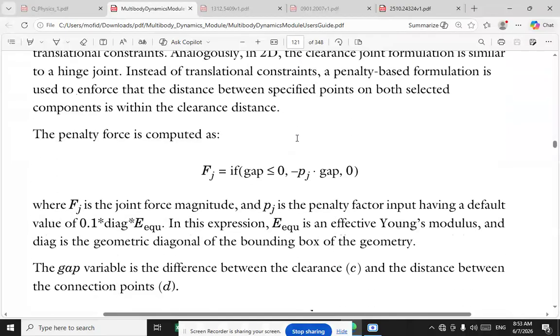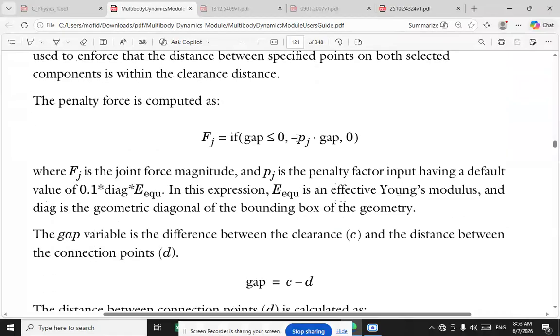The penalty force is computed as follows, where F_AJ is a joint force magnitude and P_AJ is a penalty factor input having a default value of 0.1 multiplied by diagonal multiplied by E_equality. In this expression, E_equality is an effective Young's modulus and diagonal is the geometric diagonal of the bounding box of the geometry.